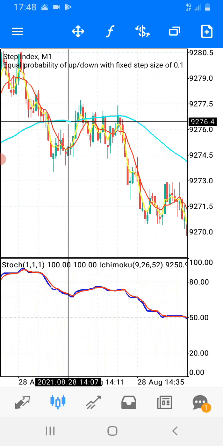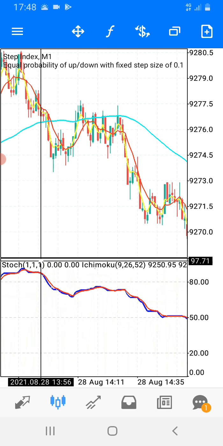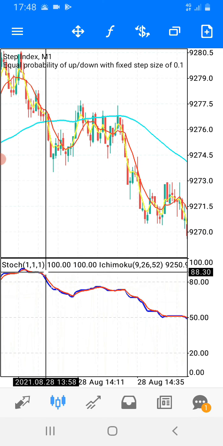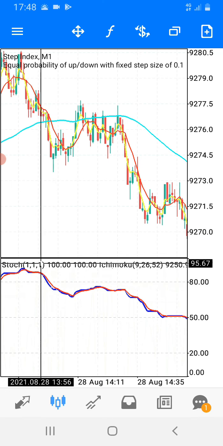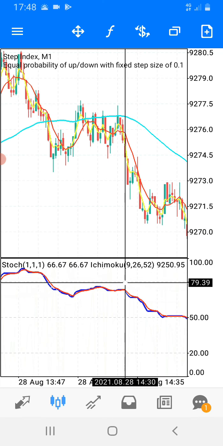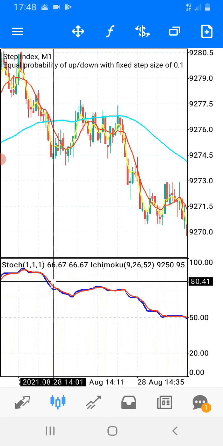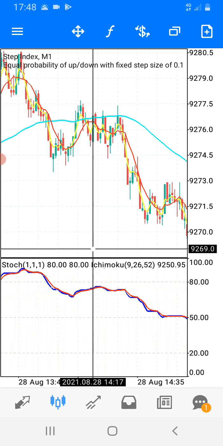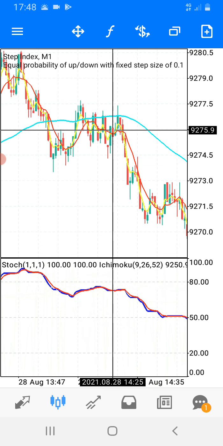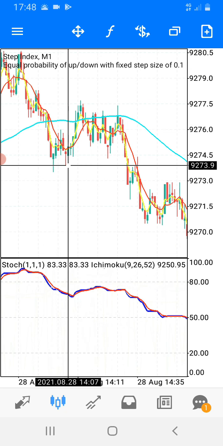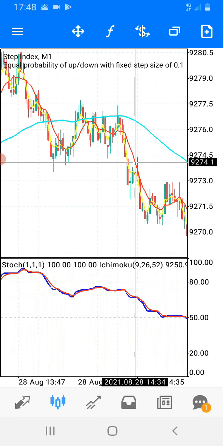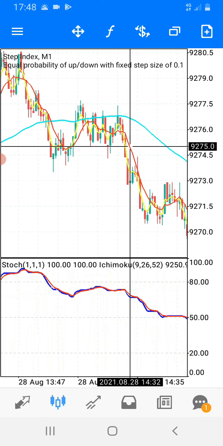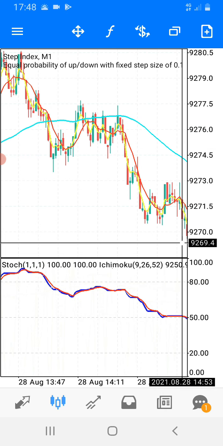Condition 2, watch out for this line, this moving average, to be above the 80 level, which is the overbought level. That's the second condition. And the third condition, watch out for this red moving average crossing above the yellow moving average, for a sell.